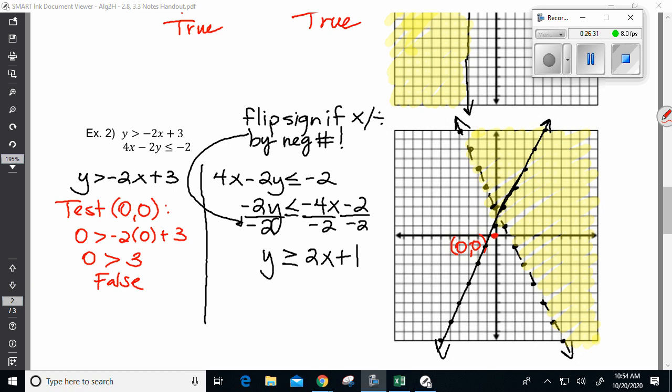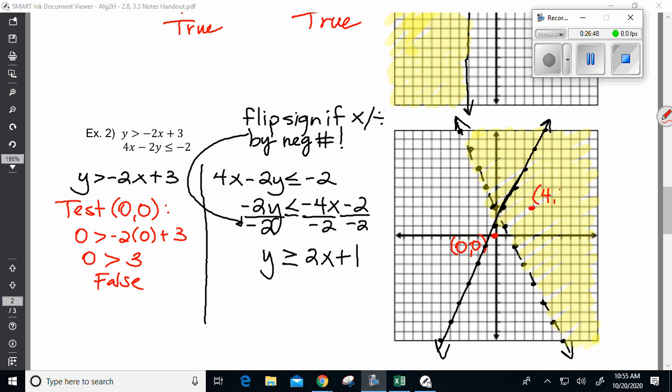Don't make it difficult, just give me a point. 4, 3. So 1, 2, 3, 4, 1, 2, 3.